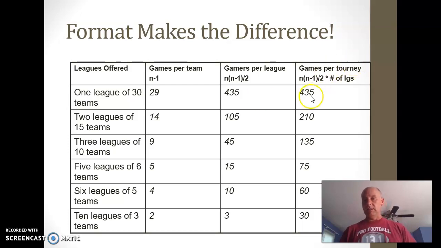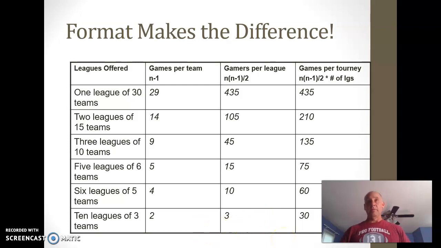Luckily, we only have one league, so it's still 435, but that's a whole lot. With 2 leagues of 15, we're still going to have to get 210 games in. You come down here to the 10 leagues of 3 teams, each team's going to play 2 games. That means we're only going to need 3 games per league, and that means we only need 30 games.